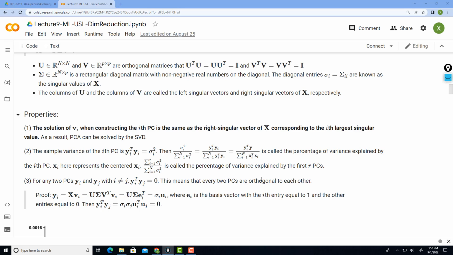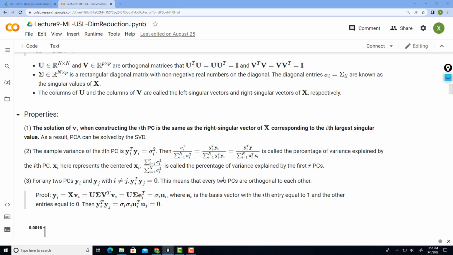This is related to another optimization formulation of principal component analysis, the minimum reconstruction error. It is equivalent to derive the optimization formulation based on the largest variance assumption or based on the minimum reconstruction assumption.